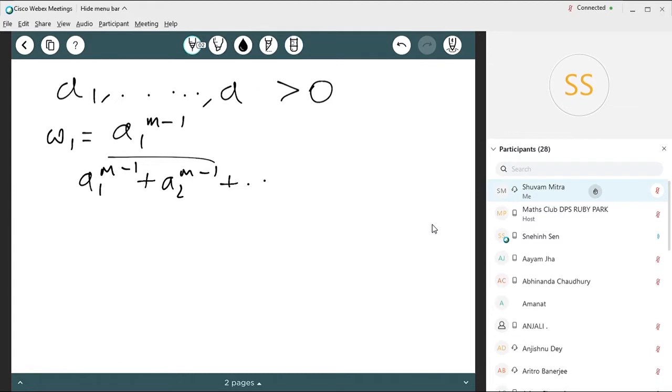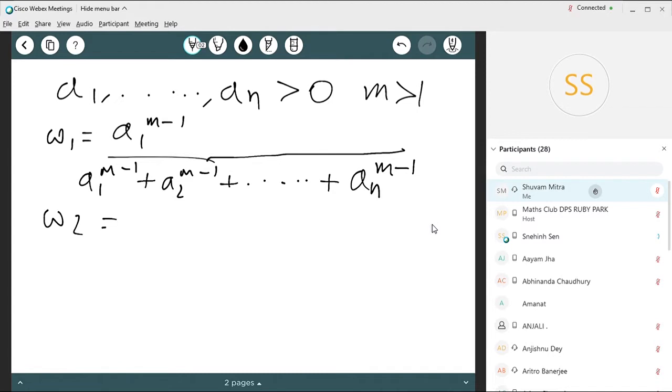I'll keep this one n. The assumption over here is m greater than 1, then only our claim is true. And then w2 is the same thing with a2 to the power m minus 1 and the same denominator, going on till wn.